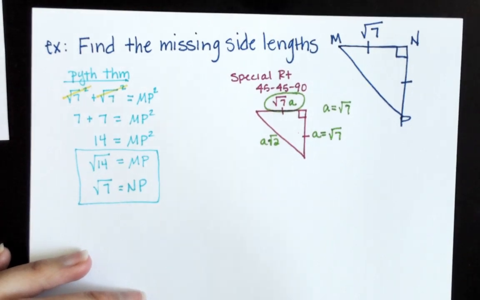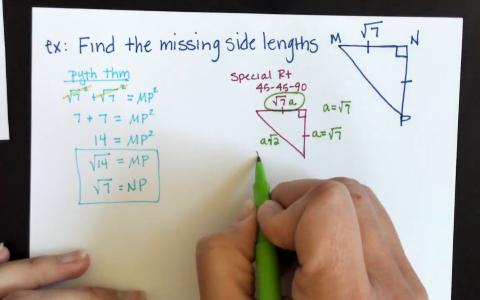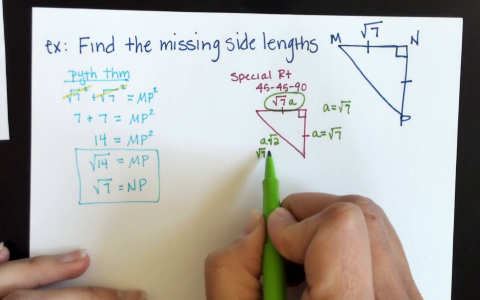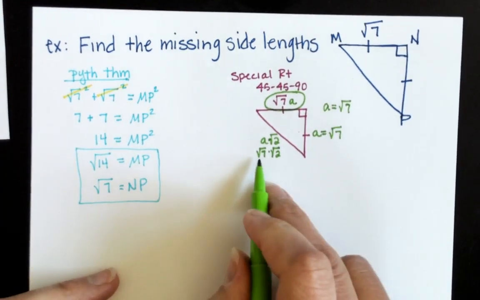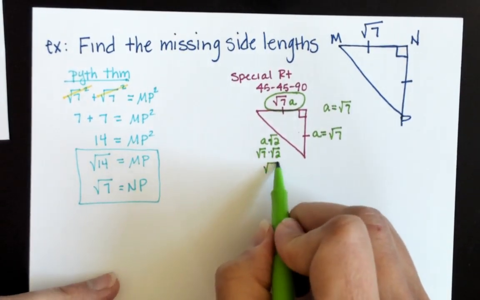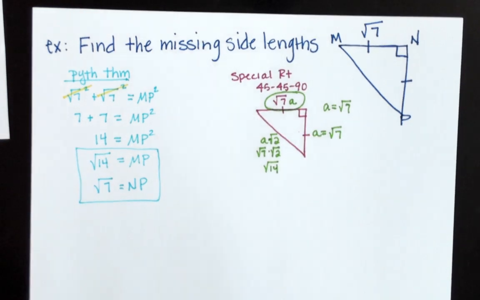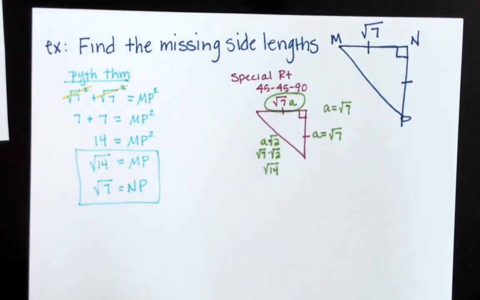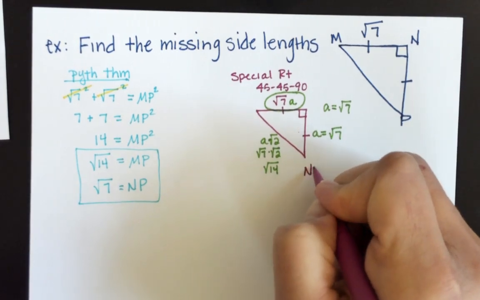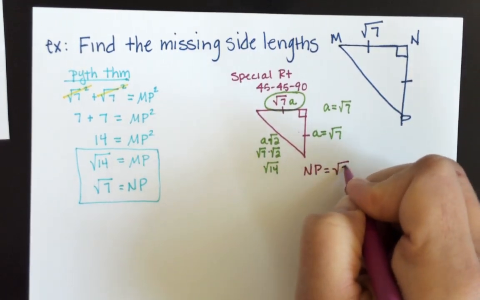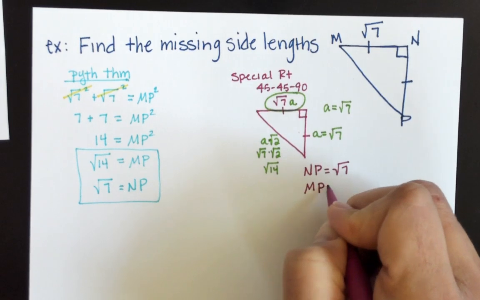And over here, I'm going to plug in radical 7 for A, but it's still times that radical 2 that's sitting there. Well, radical 7 times radical 2 is that radical 14 that we already found doing the Pythagorean theorem. So again, when I would go to list this answer, I would know that NP was radical 7 and MP would be radical 14.